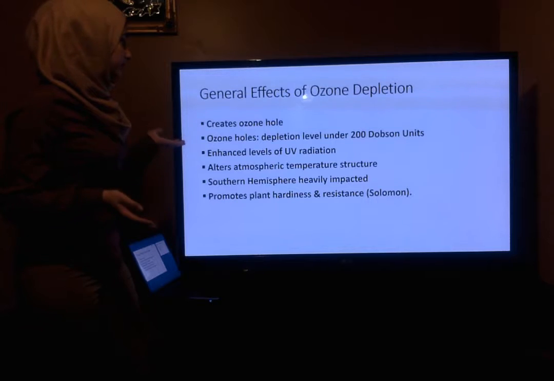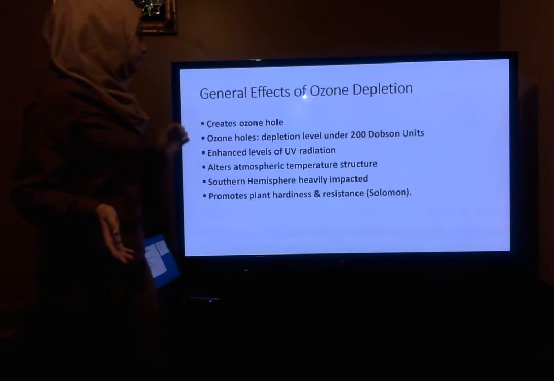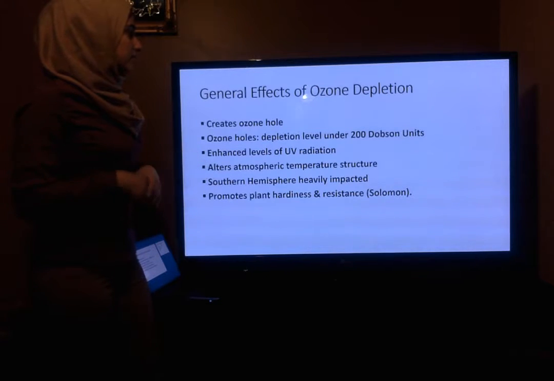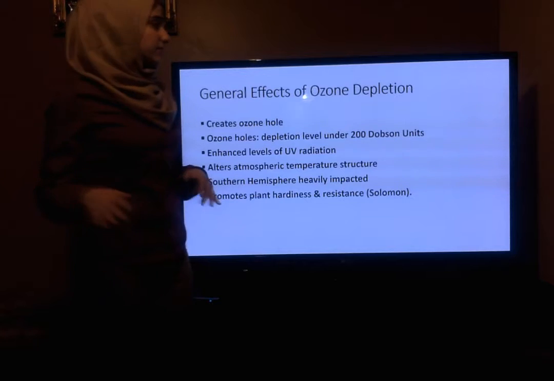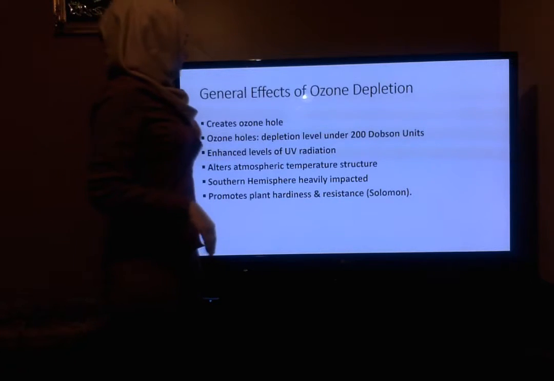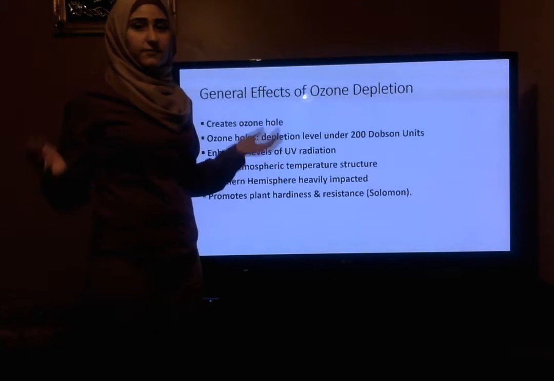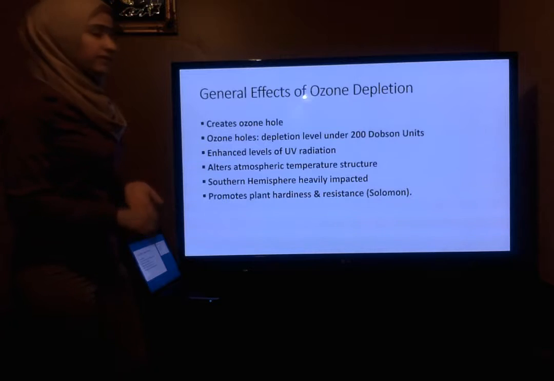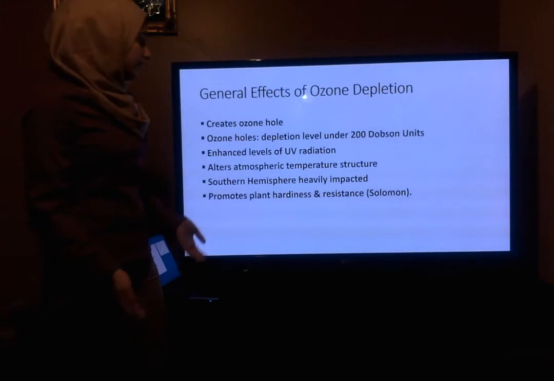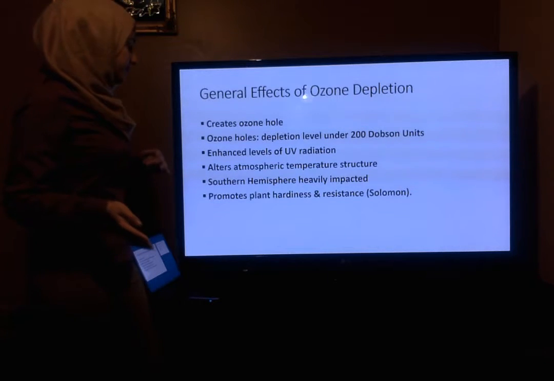There are general effects, such as that it creates a general hole in the ozone layer. The ozone holes are commonly classified when the depletion level is under 200 Dobson units. And that is what causes the enhanced levels of ultraviolet radiation to reach the Earth's surface. And this radiation can cause increases in temperature and shifts in temperature structure.